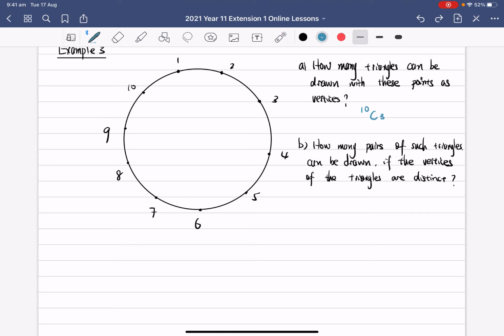So to form 2 triangles, we first choose 6 points out of 10. Mathematically, this is going to be 10C6. Let me just use my calculator to work out what 10C6 is.